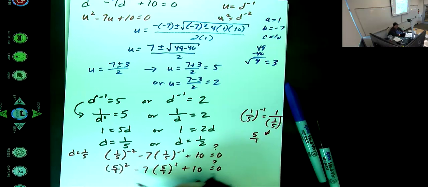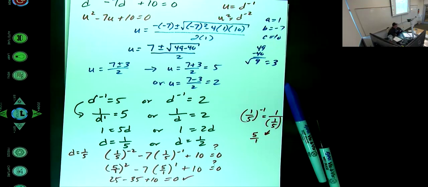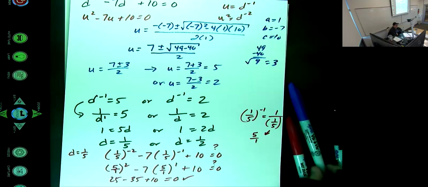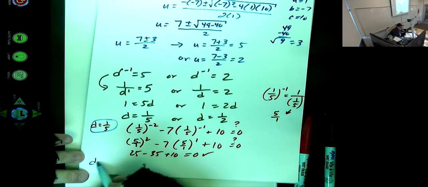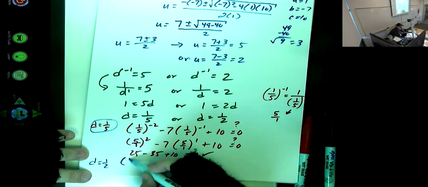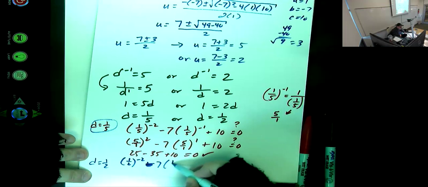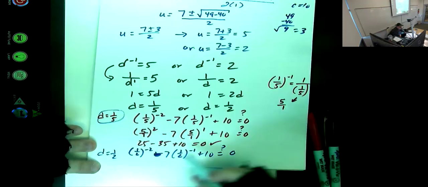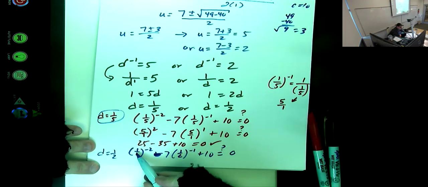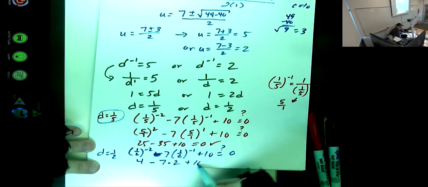So I've got 25 minus 7 times 5 is 35 plus 10. That does in fact equal 0. So d equals 1/5 works. We do d equals 1/2. Flip that over, it's a 2, and I square it, I get 4. 4 minus 7 times 2 plus 10.